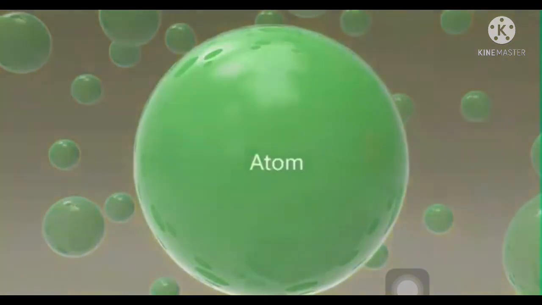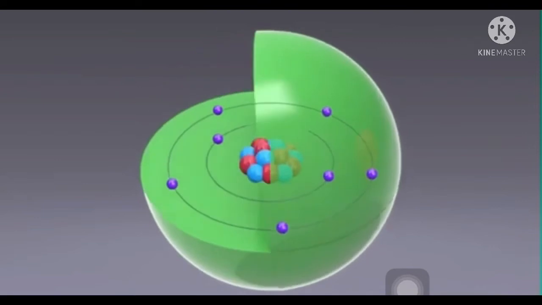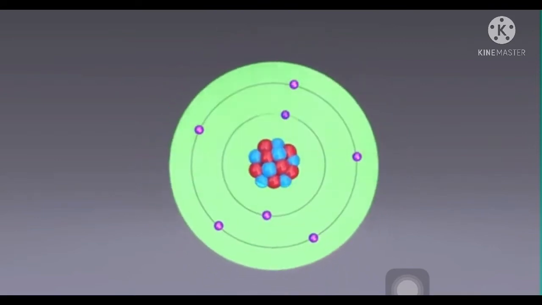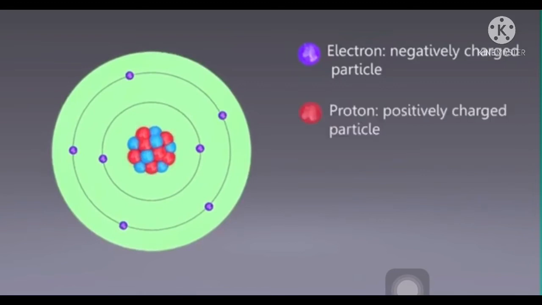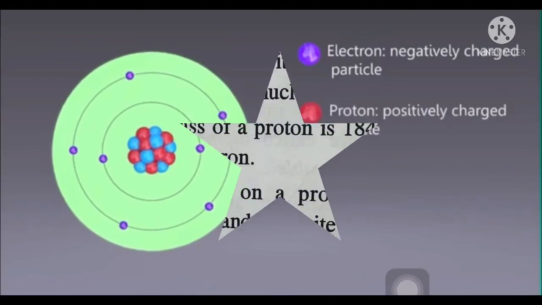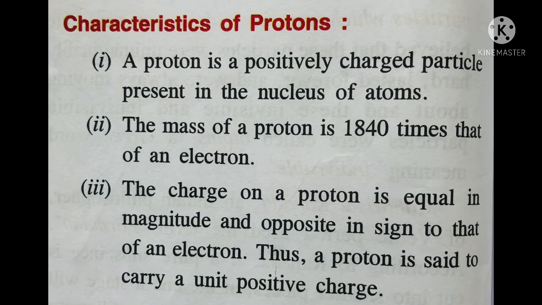So now we know that all atoms have two types of charged particles: electrons are negatively charged particles and protons are positively charged particles. Now look at the characteristics of protons. The first one is that a proton is a positively charged particle present in the nucleus of an atom. The second point is that the mass of the proton is 1840 times that of an electron.